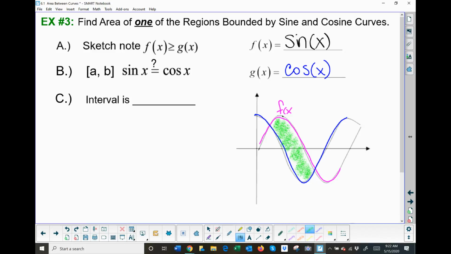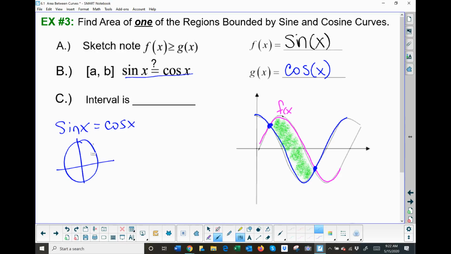What are the points of intersection? Right there and right there. Well, basically I've got to find out when sine is equal to cosine. Think of your unit circle. It happens on the pi over 4s, doesn't it?